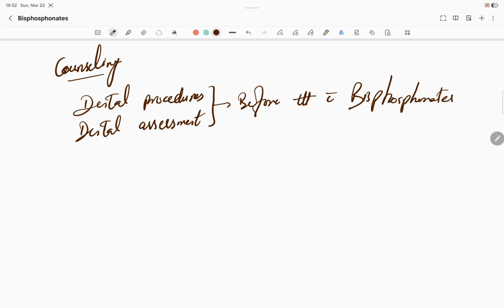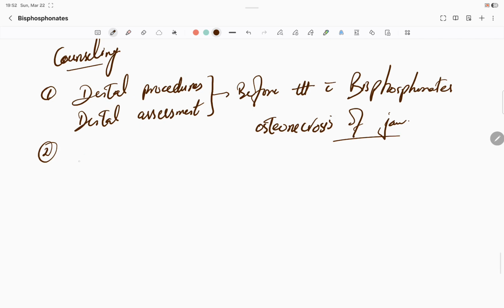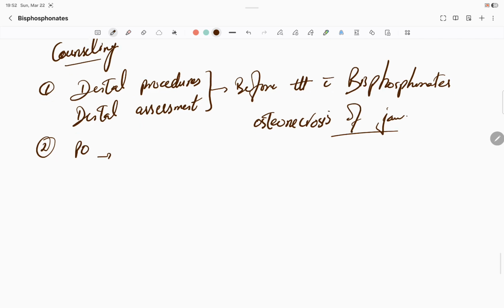Otherwise, what will happen? Yes, osteonecrosis of the jaw. Okay, and there is another counseling point that is related to absorption, that oral formulations show less absorption if taken with food or drink except water.